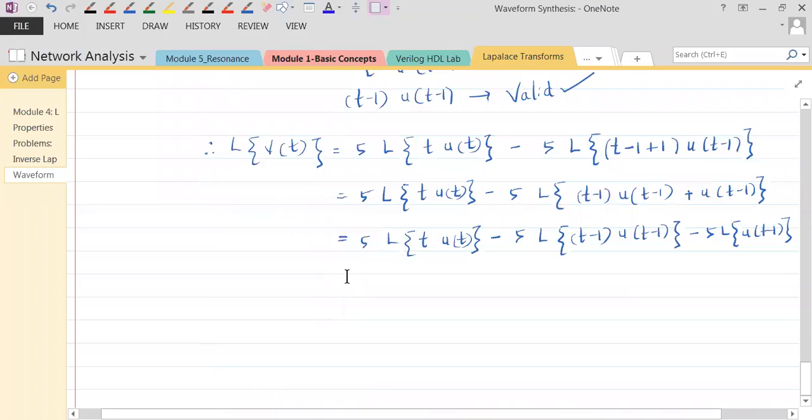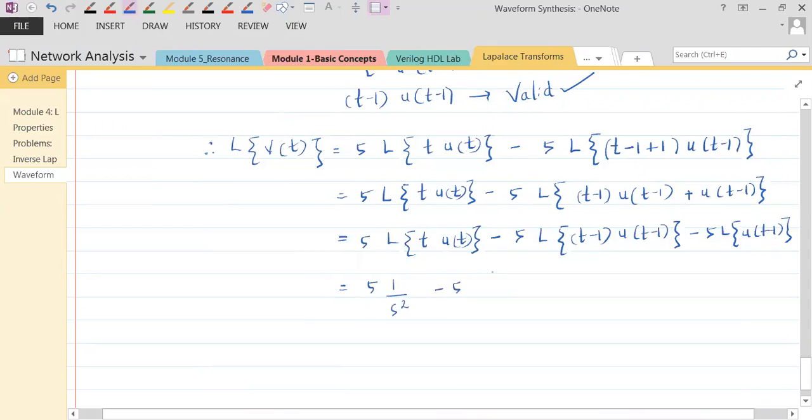Now the things are in place. So what is this? It is 5 into, what is the Laplace transform of t? See, u of t is with another function of t. That means this u of t is just a range defining function, and t is the actual signal here. So what is the Laplace transform of t? It is 1 by s square.